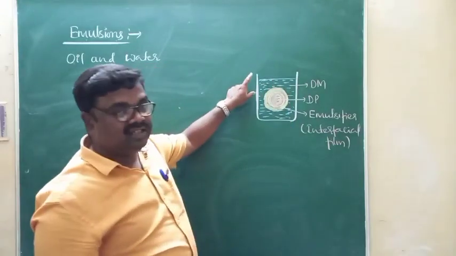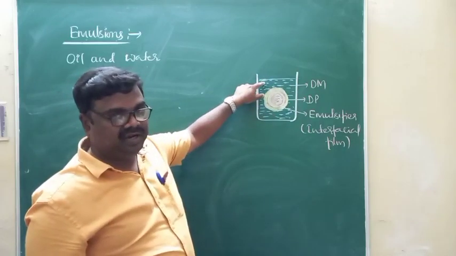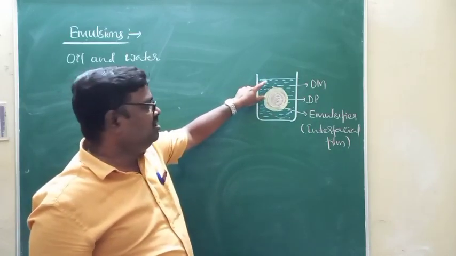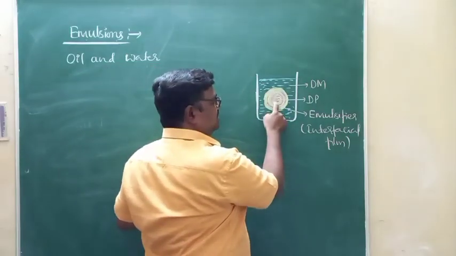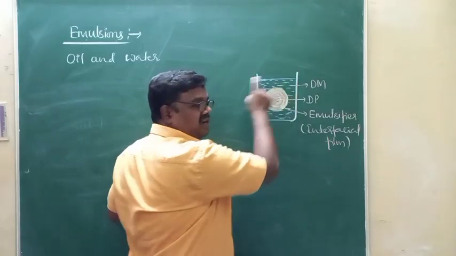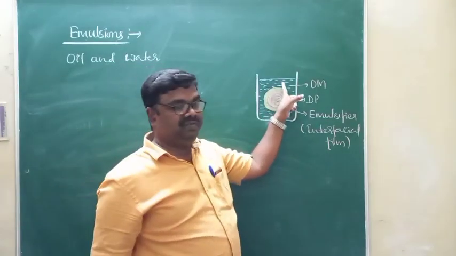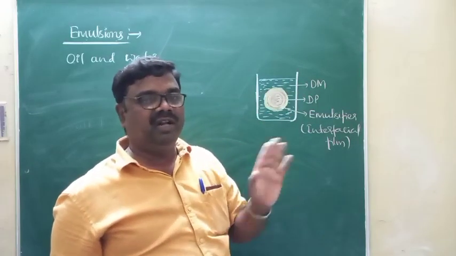Just observe in this diagram, I have an oil in water type emulsion, for example, an emulsion prepared by mixing oil and water. This is an oil droplet, and this is water. Oil doesn't mix with water. Because of that, oil and water do not form stable emulsions.